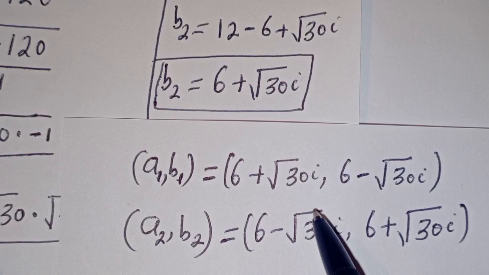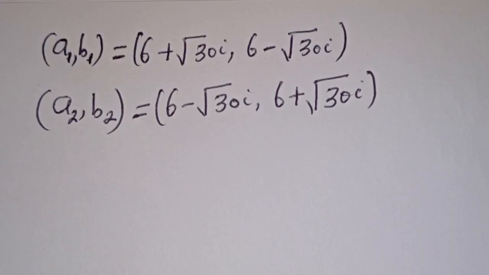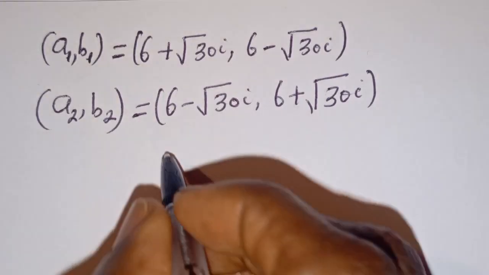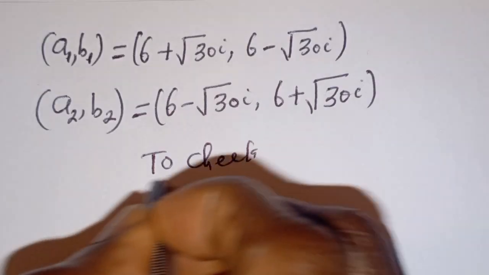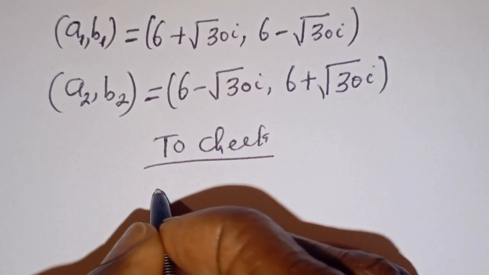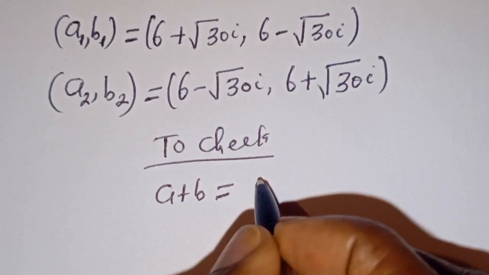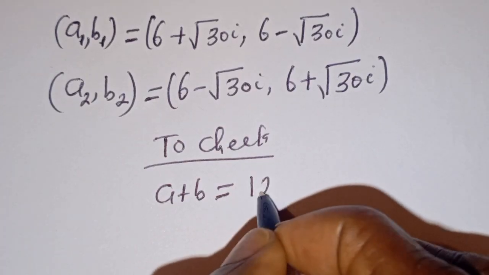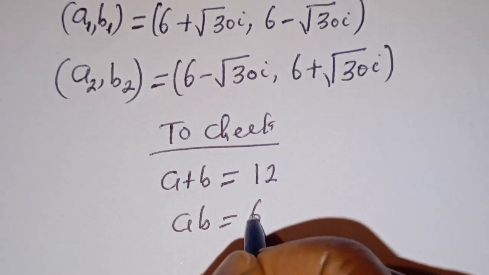So let's check to confirm if this answer is right or wrong. To check, we have a plus b equal to 12, ab is equal to 66.